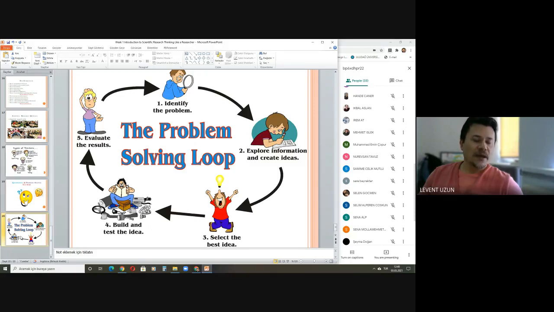This is how we solve problems. This is how we take the steps of academic research. First, of course, we need to identify the problems in our classes, which are real problems.